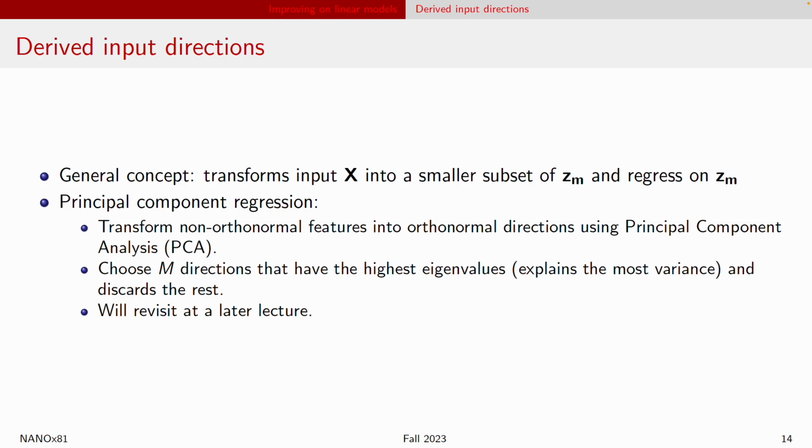The first vector has the highest explained variance; in other words, that vector explains the biggest variation in your data, and then the second vector explains the second highest amount of variation, and so on and so forth. What you will do is choose the first m directions rather than all the directions, throw away the rest of the vectors, and then regress on those vectors.